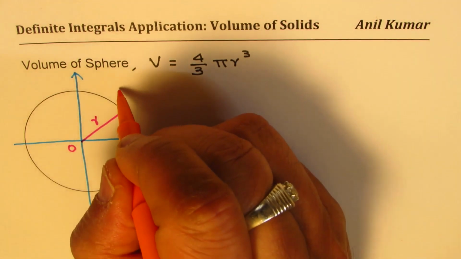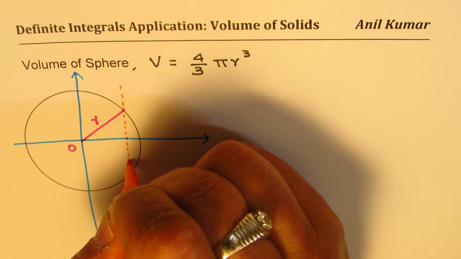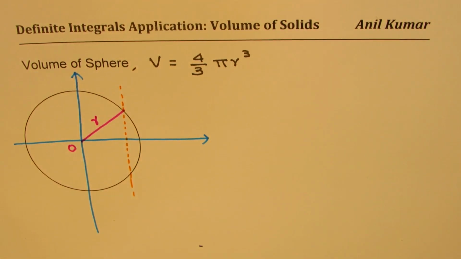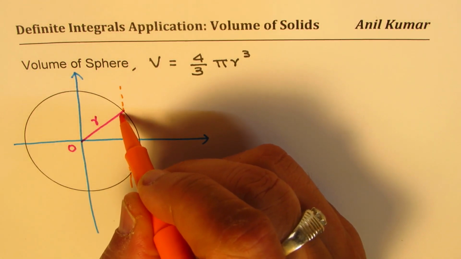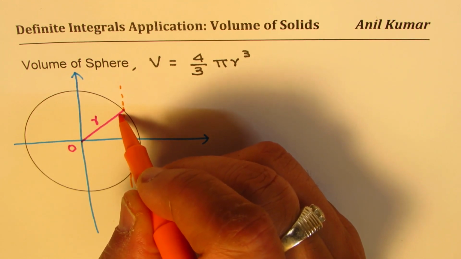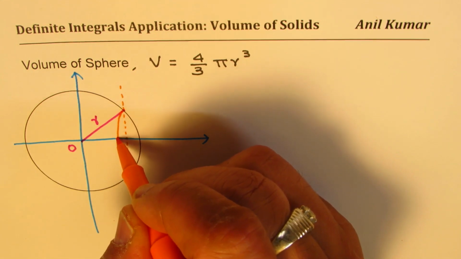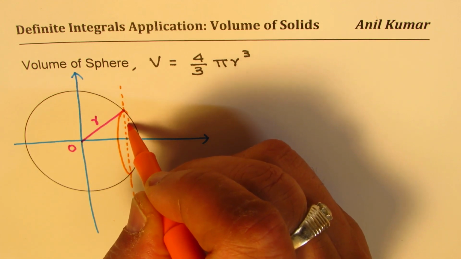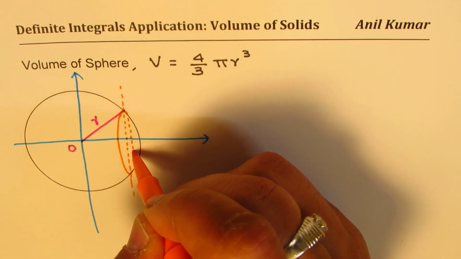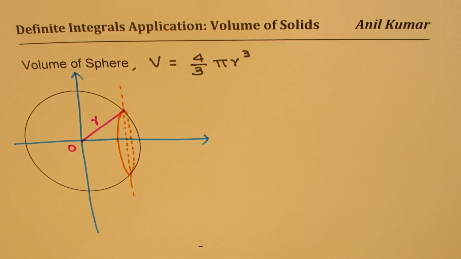Now let us say we slice the sphere with a plane through this point. If we cut a slice out of the sphere, how will it look? Well, it will definitely look like a circular disc, which could be shown like this. Now it gives you more of a look of a sphere, right?